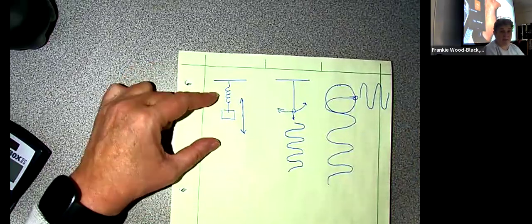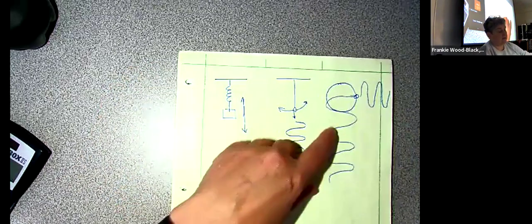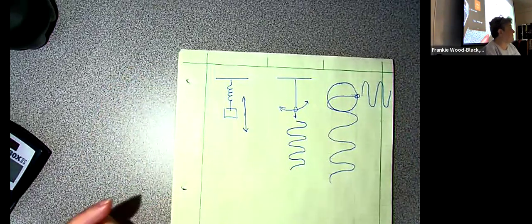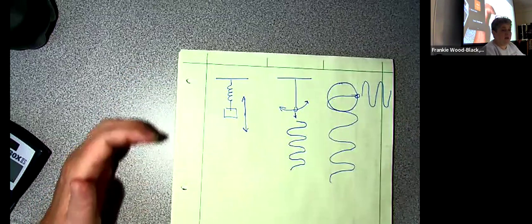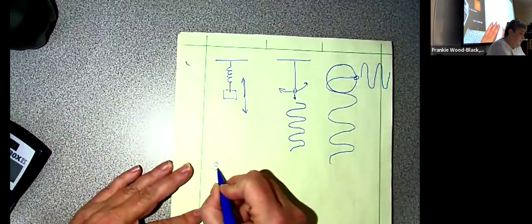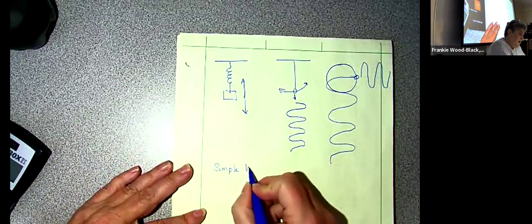So my bobbing spring, my pendulum, something that's traveling around in a circle, the tip of a fan blade, a minute hand, all of those things are in what we call simple harmonic motion.